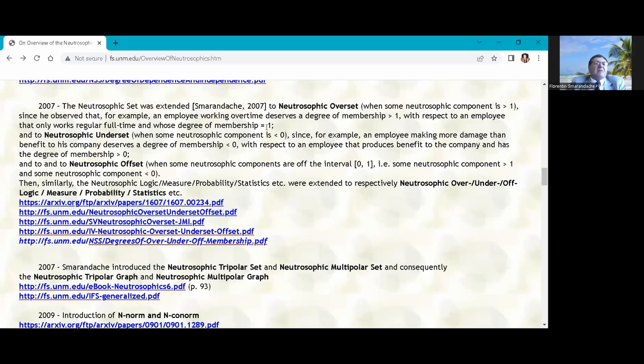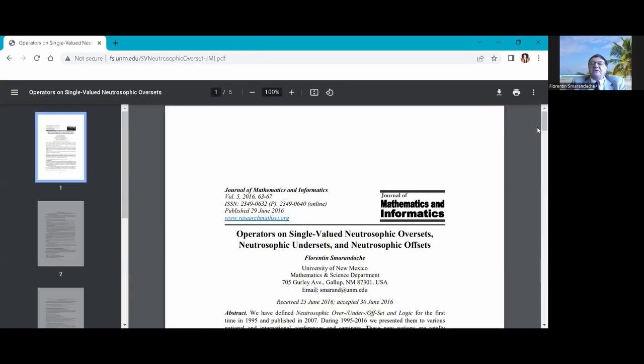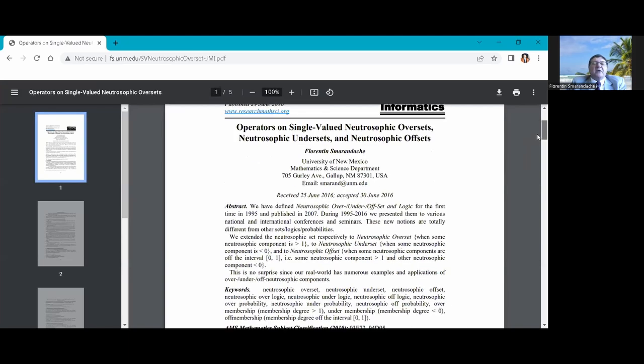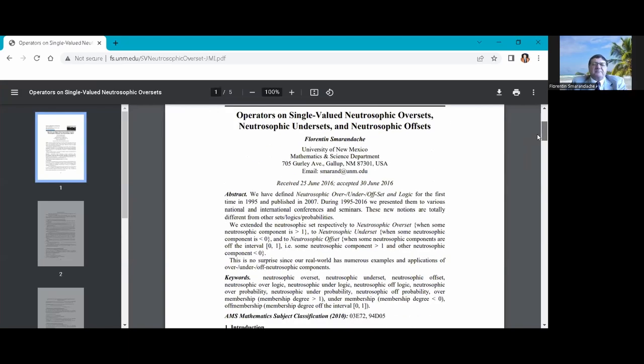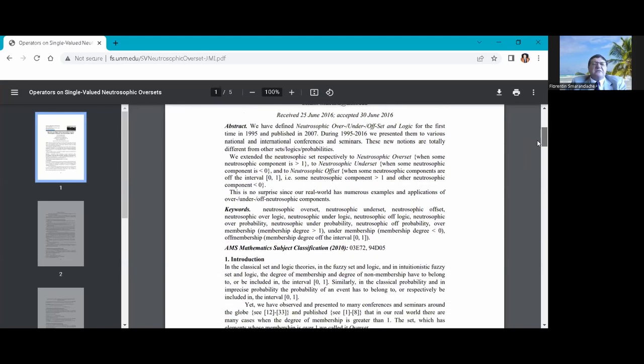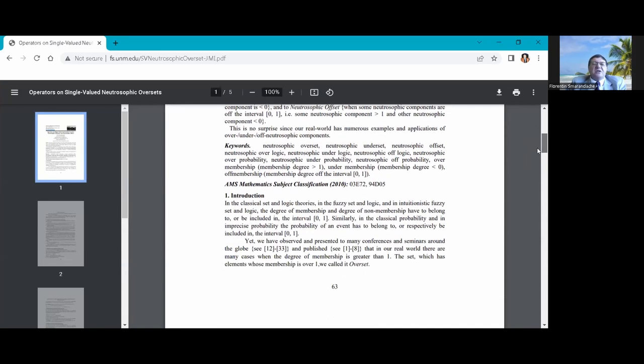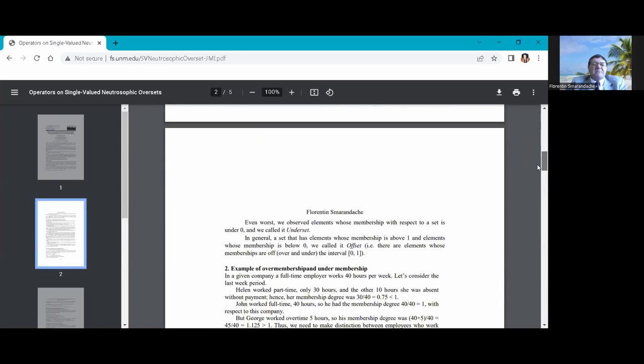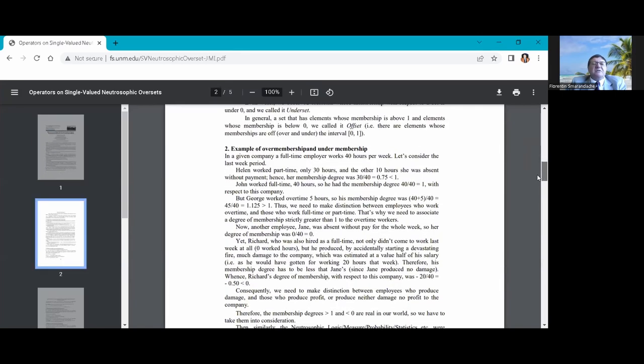The same thing, one of T, I, and F may be less than 0. And then I wrote a book and I published some papers. For example, let's see the case when the components may be greater than 1 and less than 0. And we have some elementary examples.